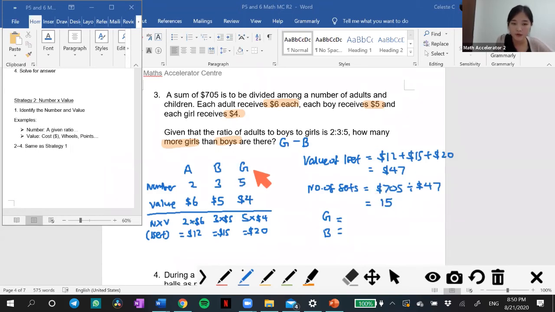The number for the girls and boys, you have to look at your table to know what you should use. Right, so for the girls, 5 times 15. The boys, 3 times 15. Yeah, you can do 5 minus 3, 2, and then you take that 2 times 15. You can get the same answer, correct?